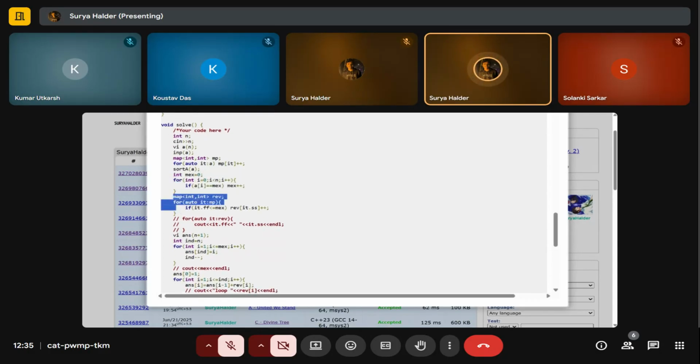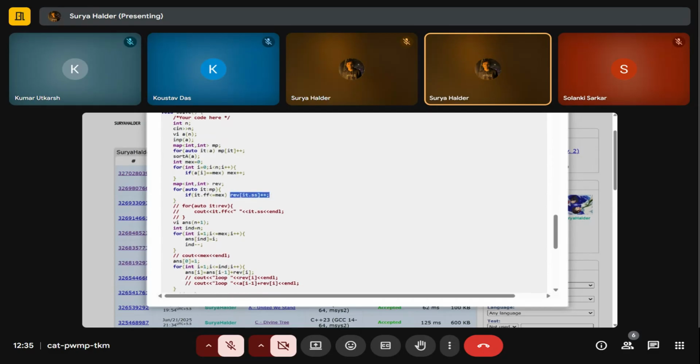After that, over here, I have reversed the mapping. Instead of number to count, I have done count to number. So I have iterated over the map. After that, if iterator dot first is less than or equal to max, then only I am storing it in the reverse format.